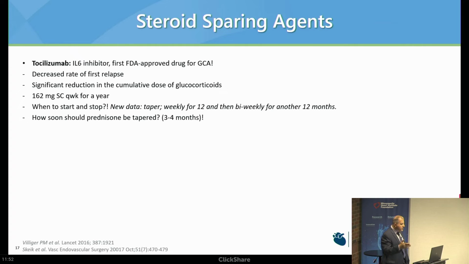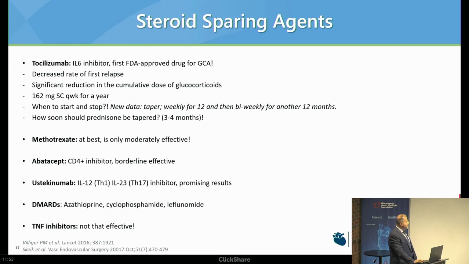Newer information showed that if you stop after a year, there is actually increased risk of recurrence, up to 40%. So nowadays, there is one recommendation from an Italian group that after the first year of Actemra or tocilizumab, we try to do it every 2 weeks rather than every week for another year, and that reduces risk of recurrence.